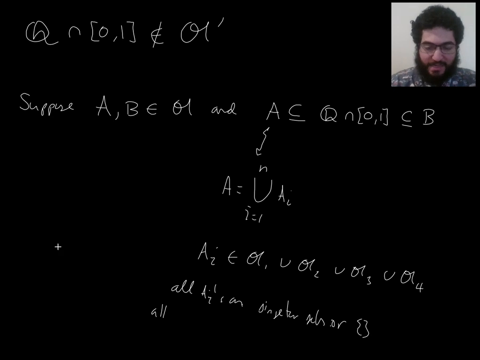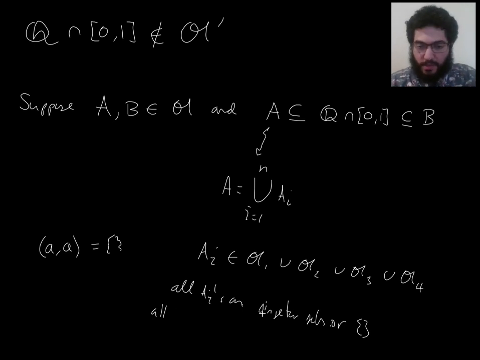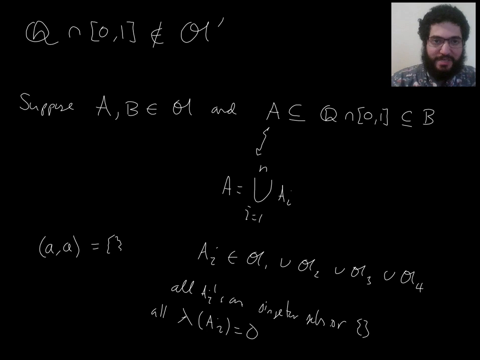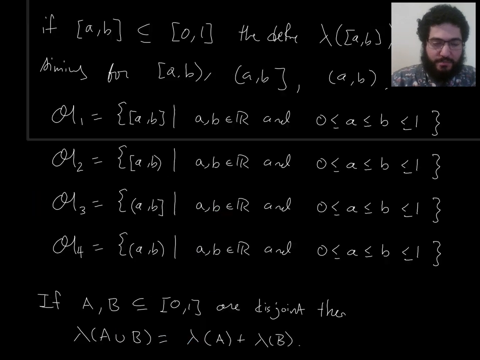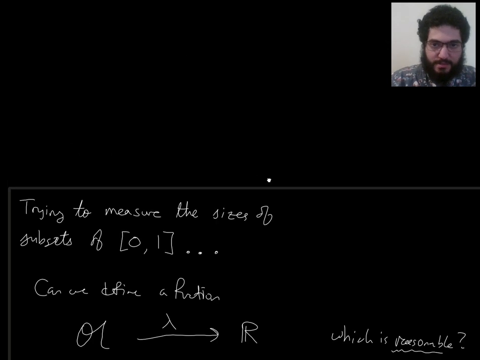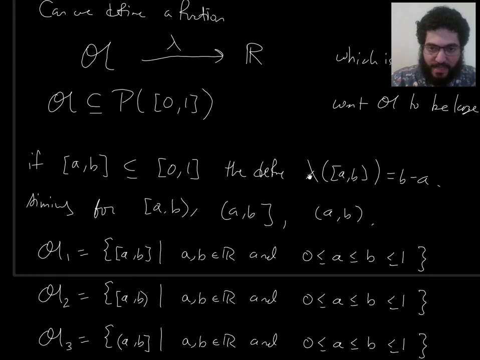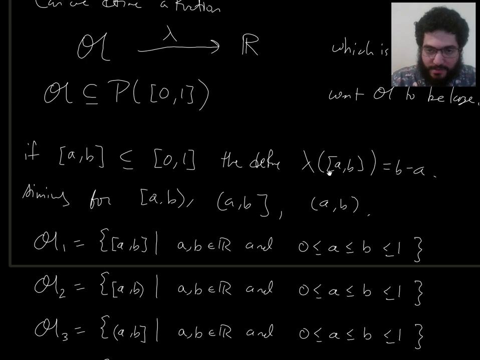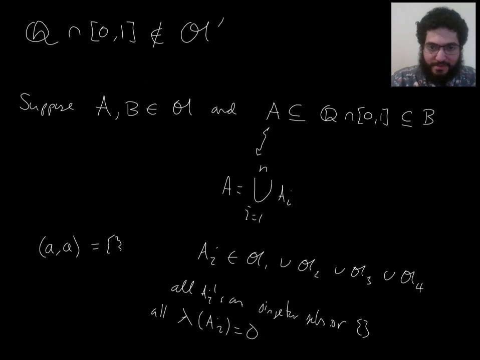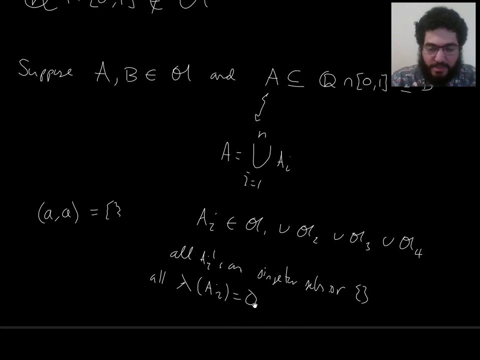I guess the empty set counts as an interval in our setup, since I allowed us to write things like this. That would be the empty set. So regardless, singleton sets or empty sets, their Jordan measure is 0, because of our definition back here, that for all of these kinds of sets, the measure is the difference between the endpoints. It's going to be 0.